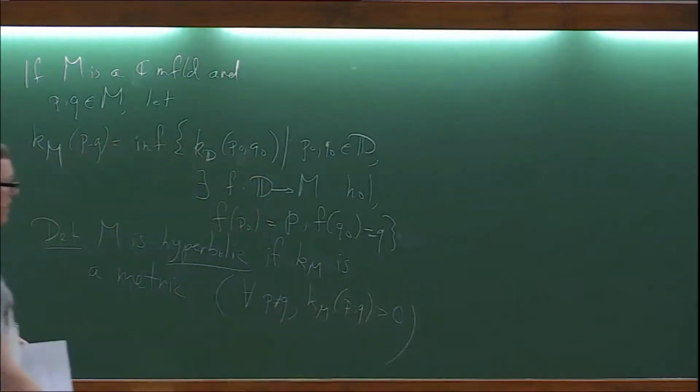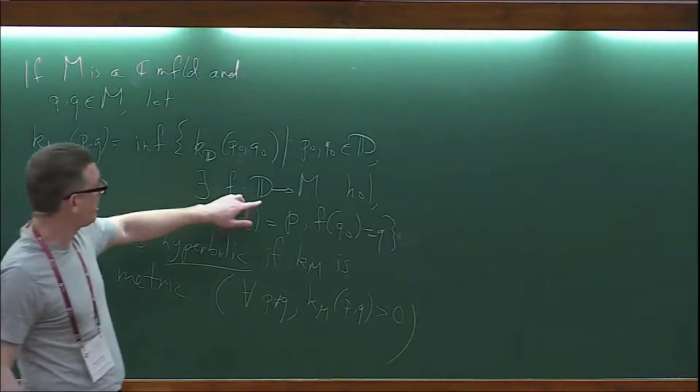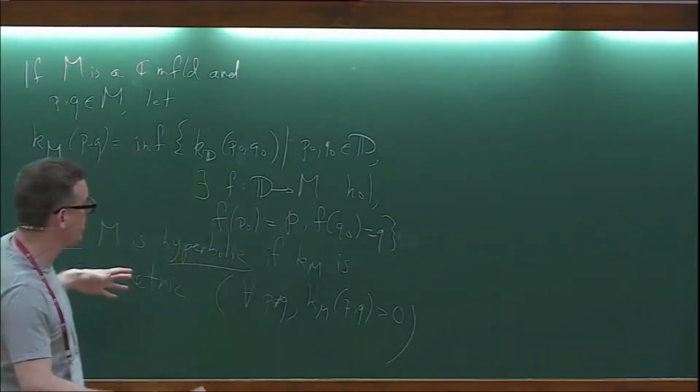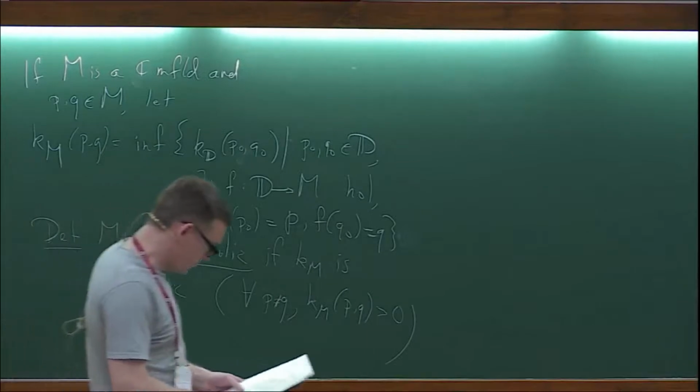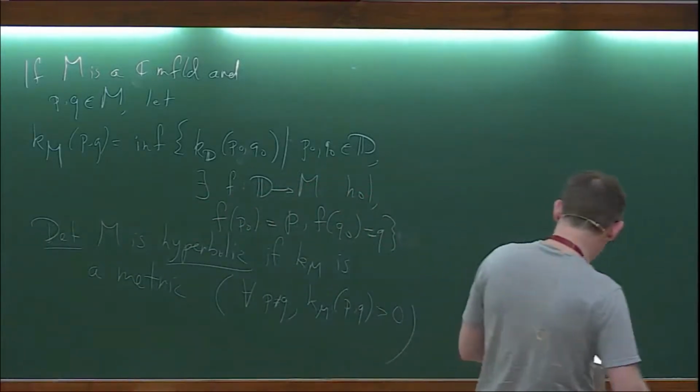That's the real issue, to make sure that you can't make holomorphic disks mapping that'll match up P and Q and that'll somehow be very large disks in some sense. So this is the notion of hyperbolicity. Intuitively, it means it does not contain large disks.